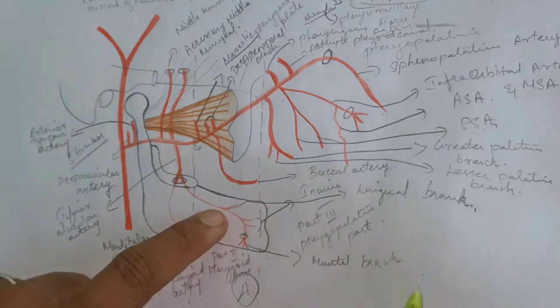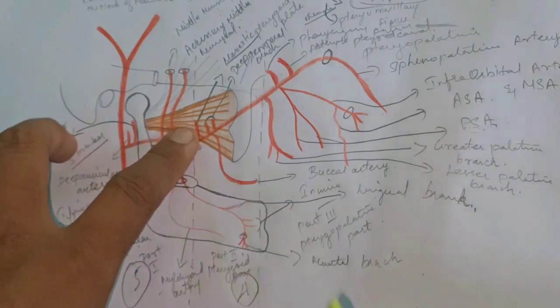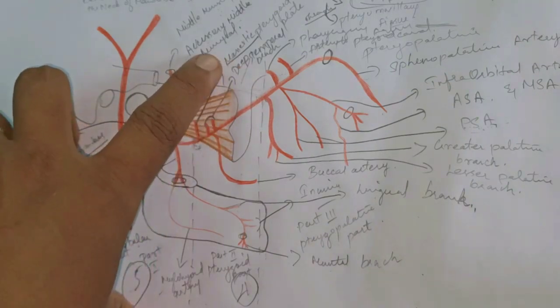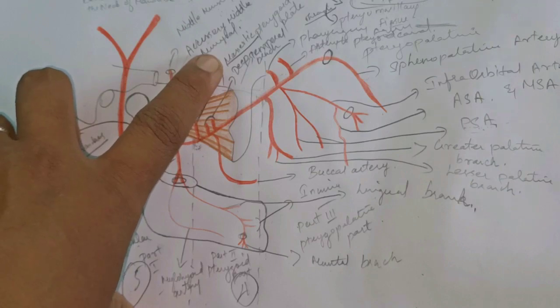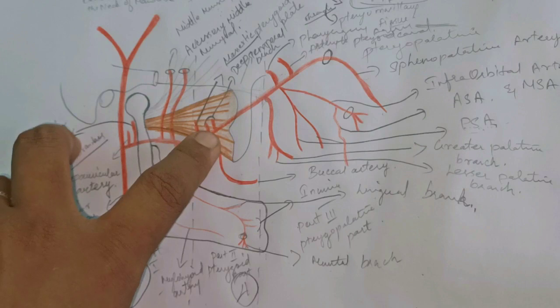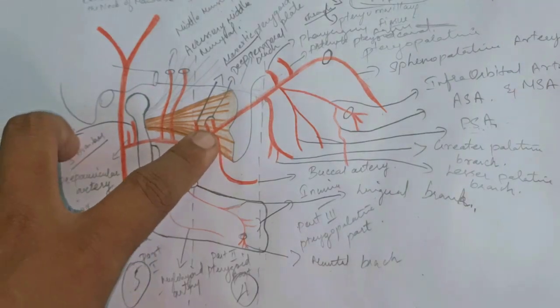This is your incisive branch, this is your mental branch, and you have your second part. In second part you have the first branch, that is, as the name indicates, masseteric branch which supplies the masseter muscle, and your second branch, that is your deep temporal branch which supplies the deep temporal region.